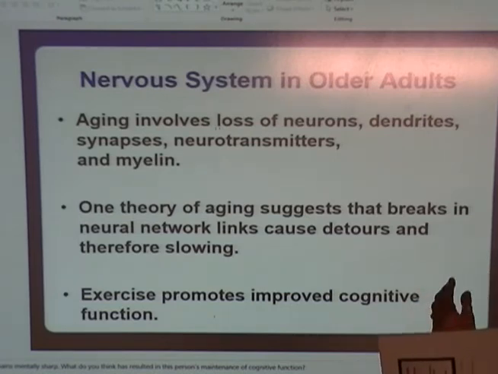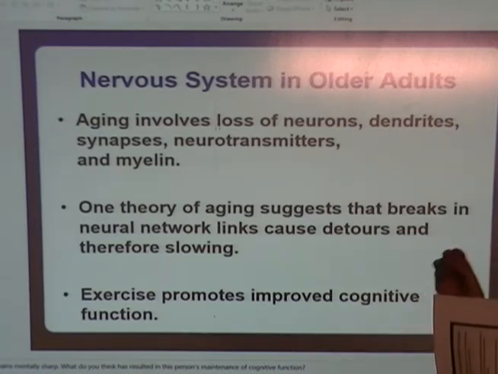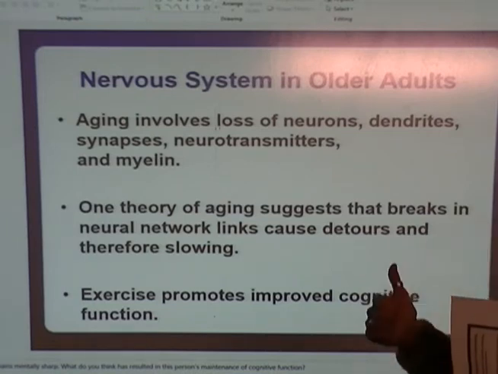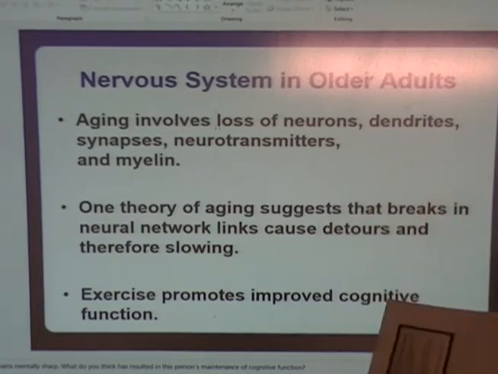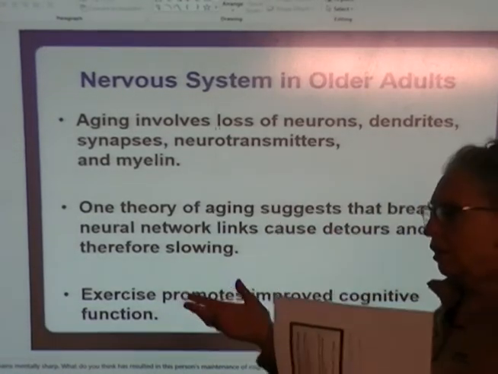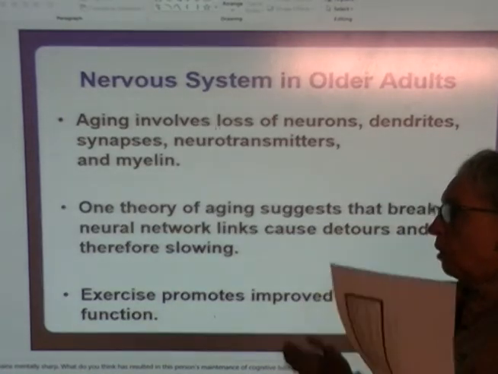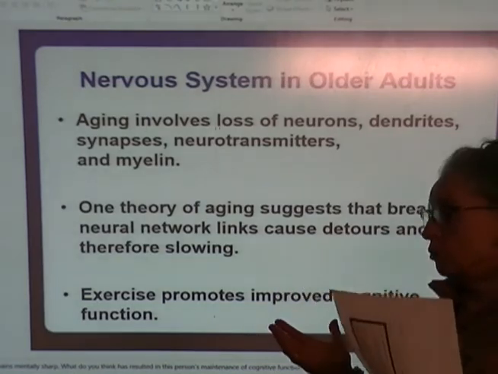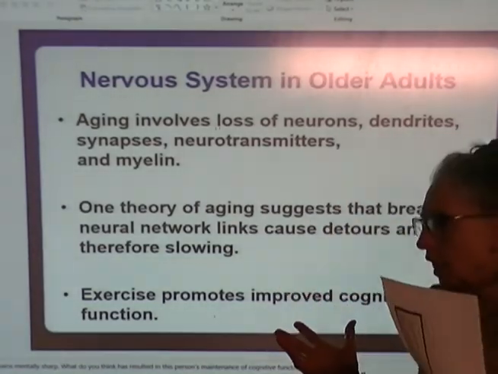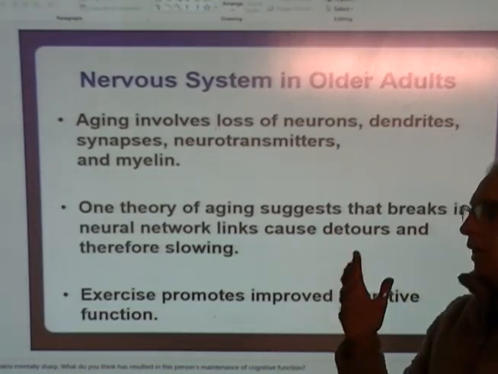But again, there is research that says if we stay mentally sharp, if we keep challenging ourselves, if we keep learning, right? Just because you're 80 doesn't mean you can't come to college and take a class and learn something new. Or do crosswords, or Sudokus, or play chess, and read like crazy.